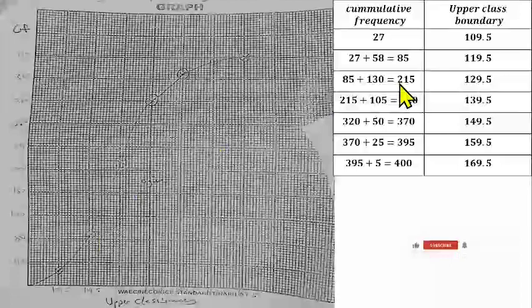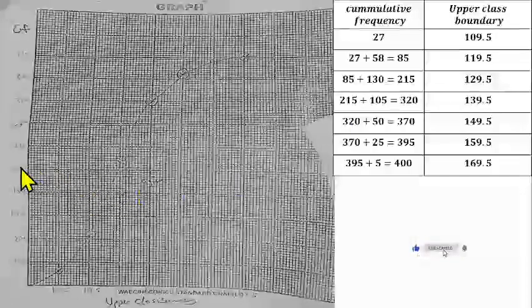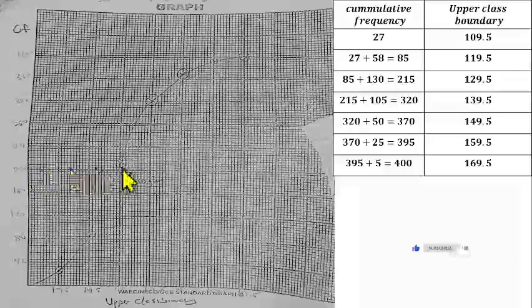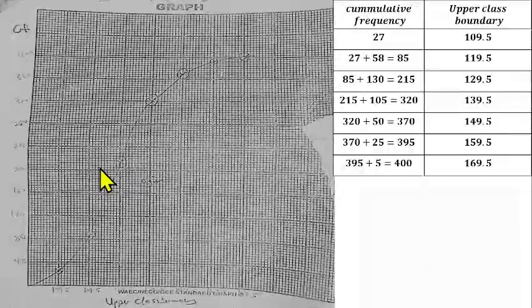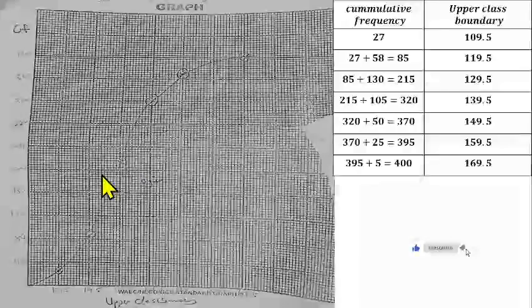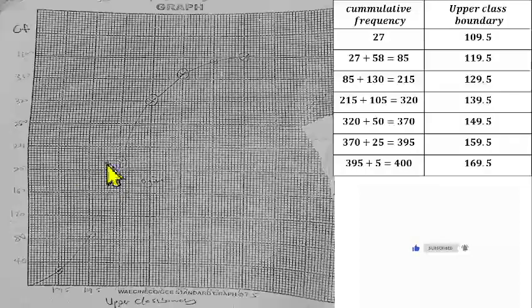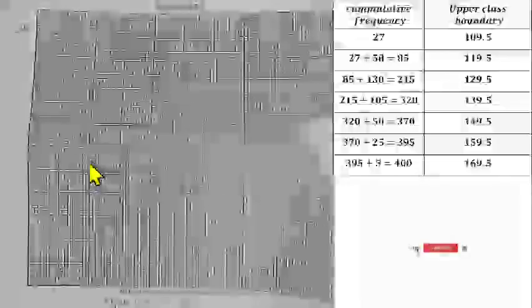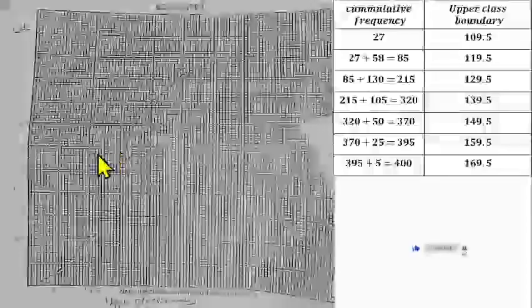Also the next one will be 215. This is 200 here, and to get 215 we need how many lines more? On the y-axis each line is 4 units, so 4 times 3 is 12, then 4 times 4 is 16.